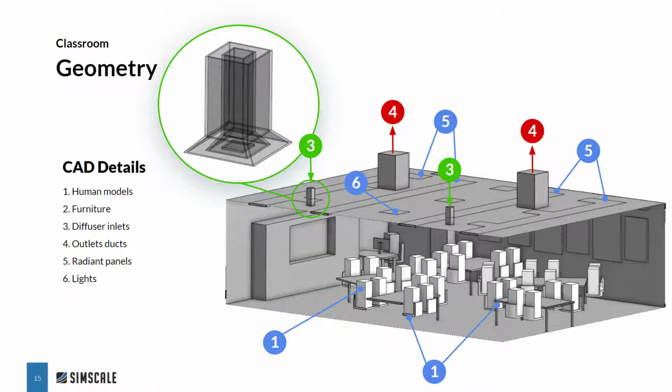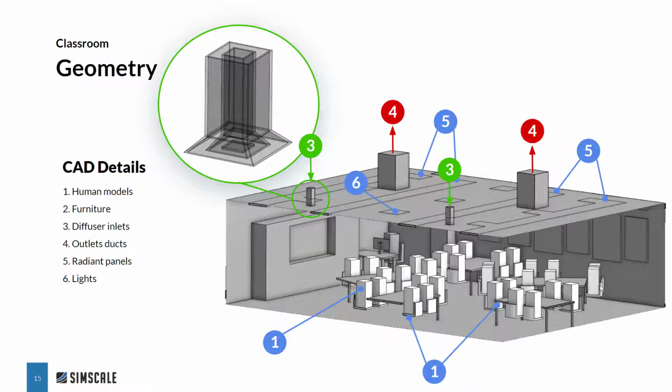The important aspect of modeling a 3D CAD for simulation is that we need to have particular details that we require to set up the boundary conditions or the physics of the simulation. So on the left, you can see human models, furniture, inlets, outlets, and some of the radiant panels. The key aspect is that you need to have them as a face or a volume in your 3D model.